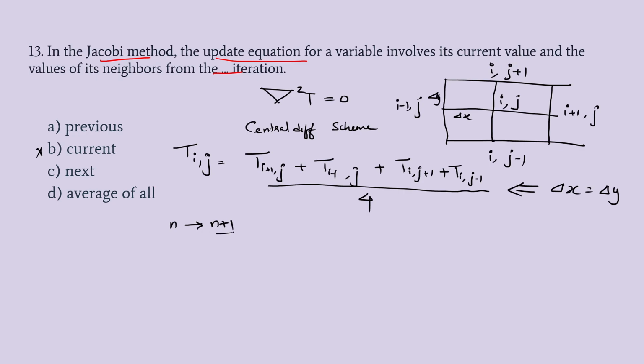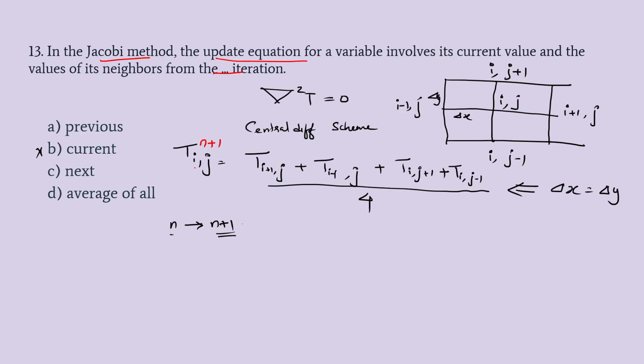So when we are at the n plus 1th step, which values will we be taking? The values from n plus 1, the current step itself, or the previous step n, or the next step, n plus 2? The left hand side will be of n plus 1.